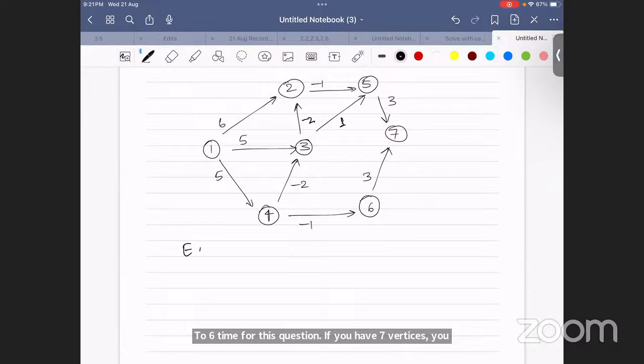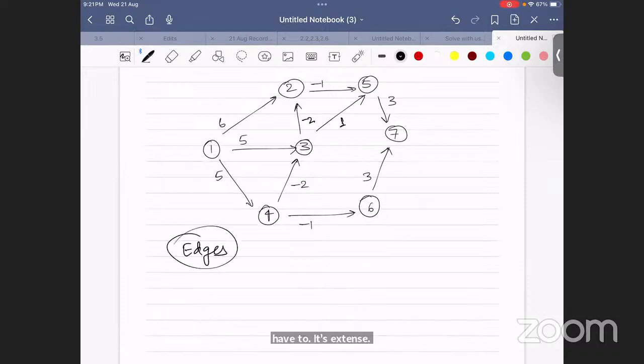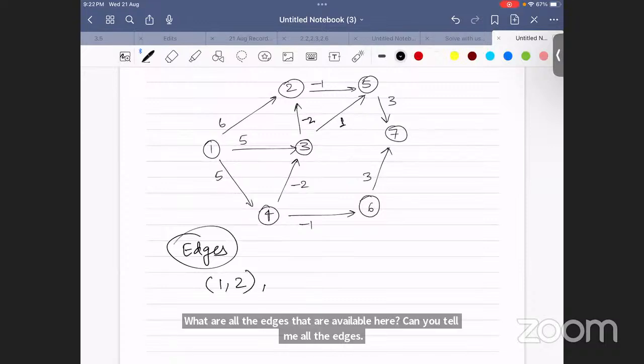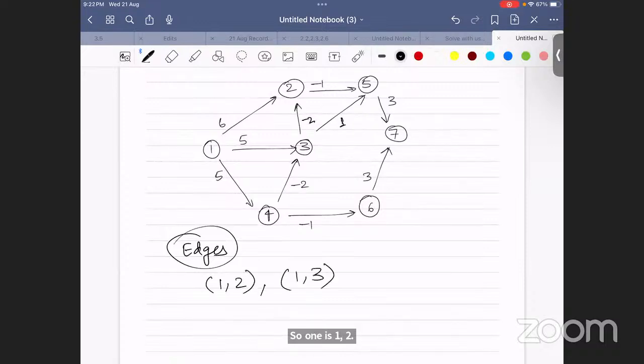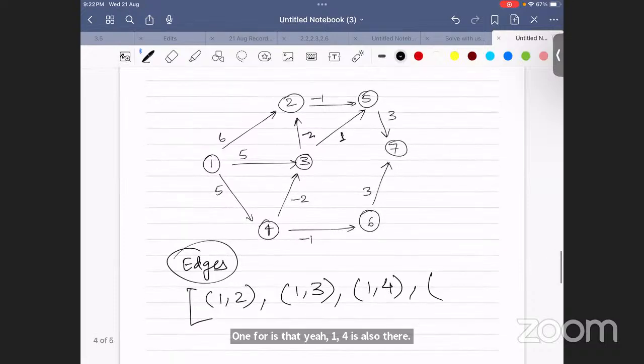What are all the edges available here? One is 1,2; 1,3; 1,4. 1,4 is also there. You can think of 1 as the source.